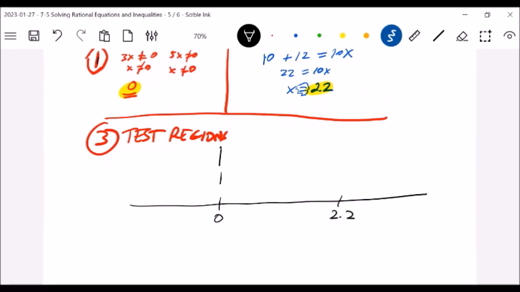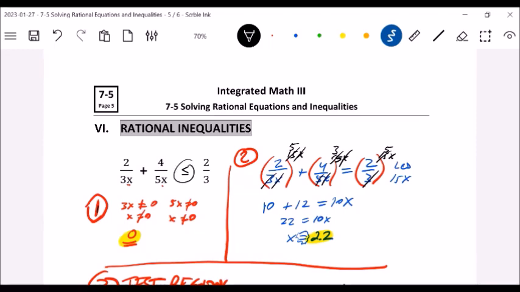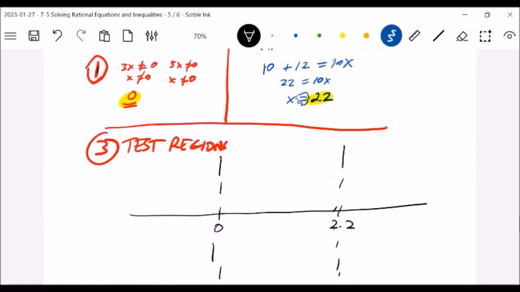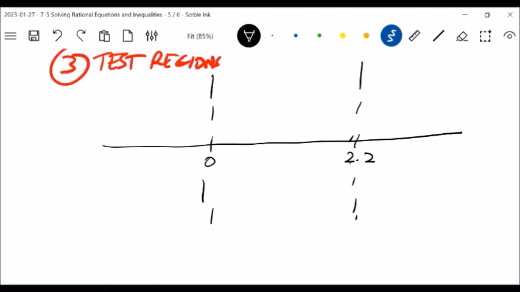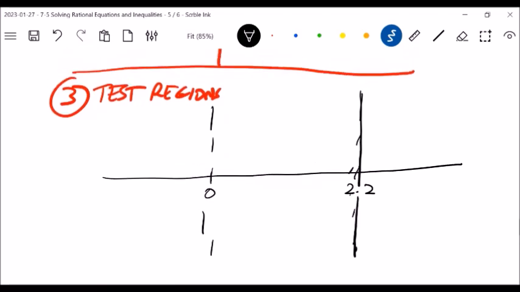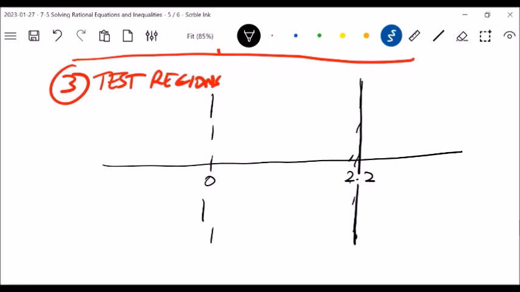These are going to be my borders. Because 2.2 is an equal to as well as a less than, I can make the one that goes through 2.2 a solid line instead of a dashed line. The 0 must be a dashed line because 0 itself cannot be an answer.